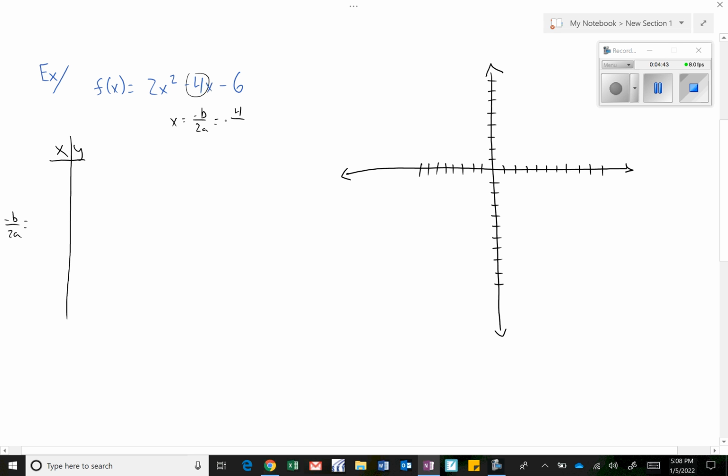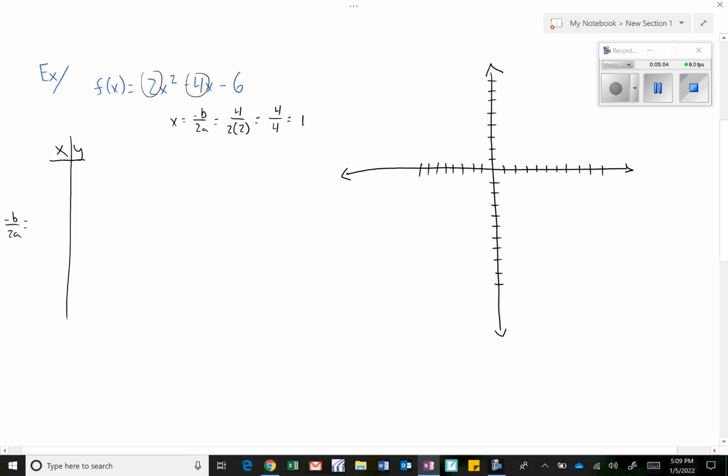And then we're dividing that by 2 times a, and a is the number that's with the x squared, the 2. 2 times 2. And when I simplify this, I get 4 divided by 2 times 2, which is 4. And then, of course, 4 divided by 4 is 1.